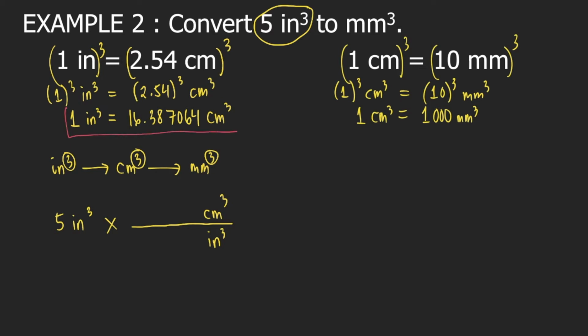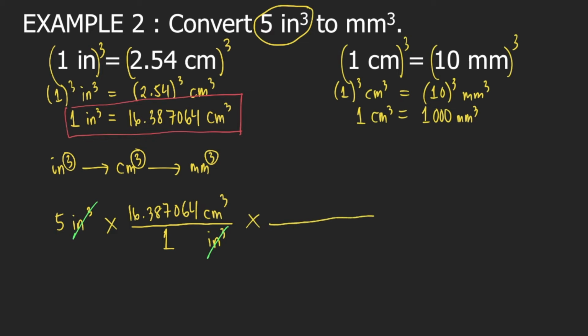Looking at our equivalents, 1 cubic inch is equal to 16.387064 cubic centimeters. Inches will cancel. Now we have cubic centimeters.